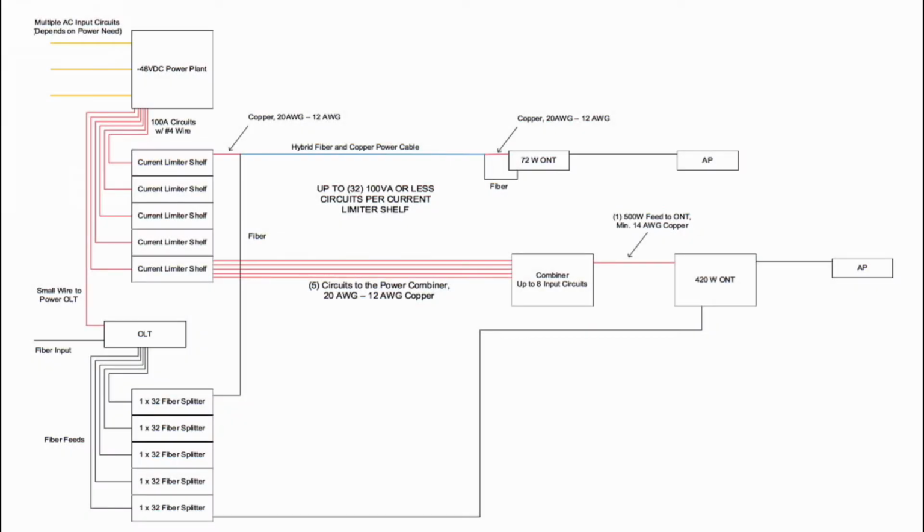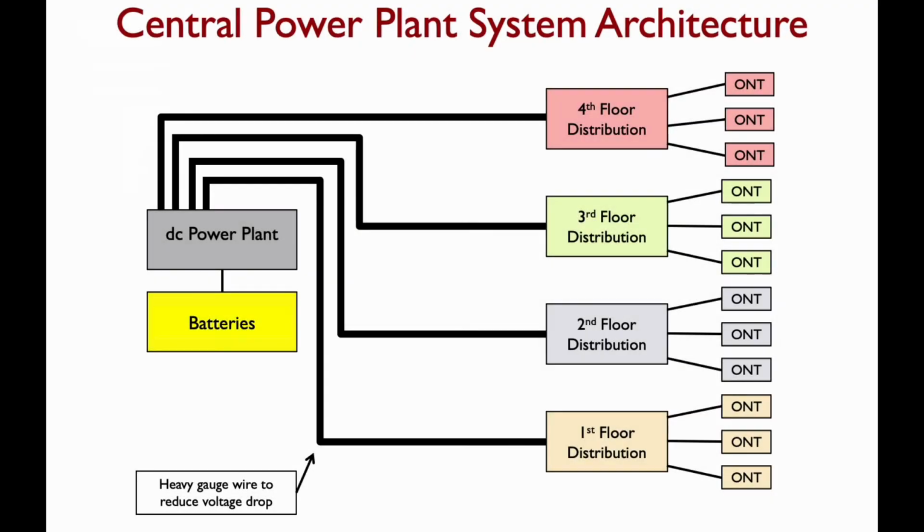It's a Class 1 output and needs to be handled accordingly. Here's a typical representation of a building and how the network might be powered. In this case, Class 1 circuits are distributed to each floor where they are converted into Class 2 circuits to power each ONT on that specific floor.